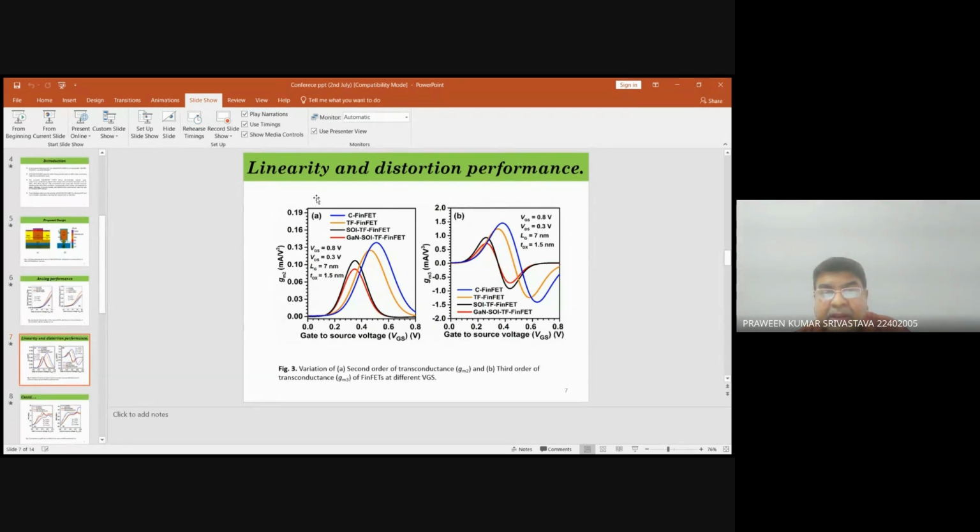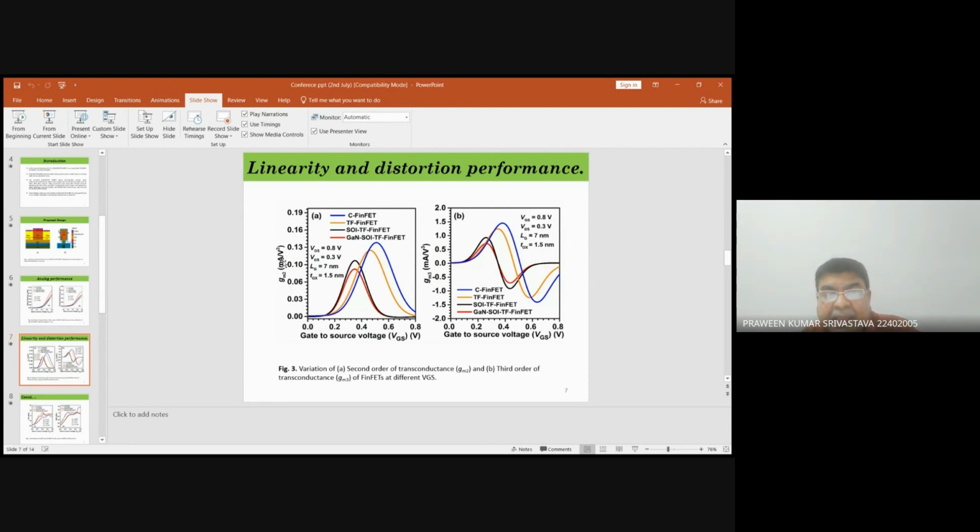Basically, these are called intermodulation distortion, and they create a problem at high frequency because they come into the bandwidth of the designed device. So ultimately, at the receiver end, the transmitter end, or at high frequency, we have to design the device so that it gives better linearity and minimized distortion.